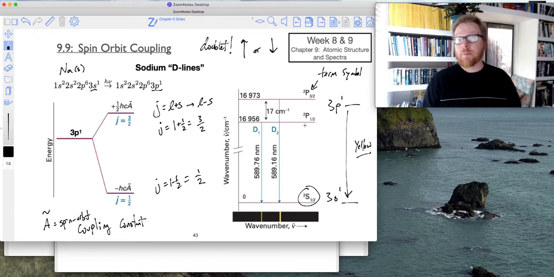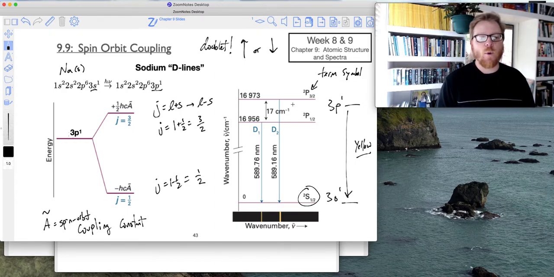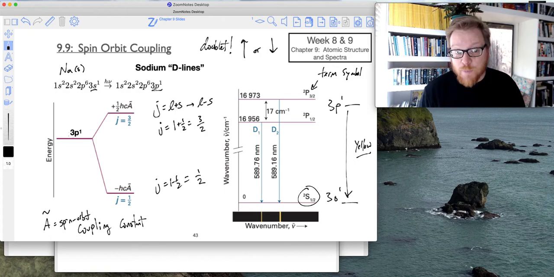So then how did we get the doublet P 3/2 and the doublet P 1/2? Well, remember, that corresponds to the 3p1.